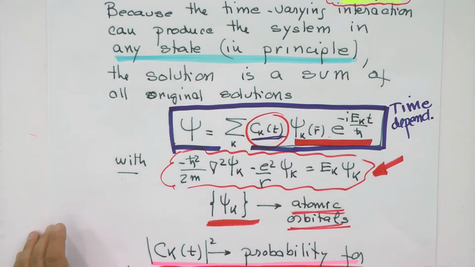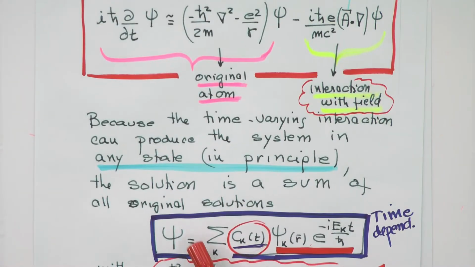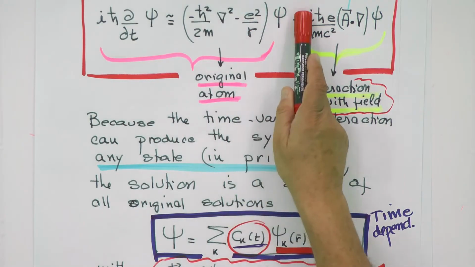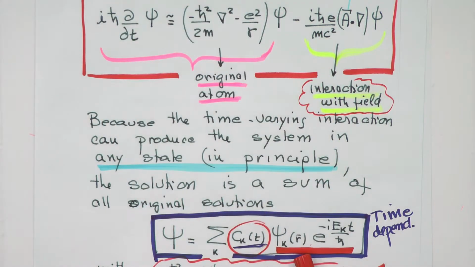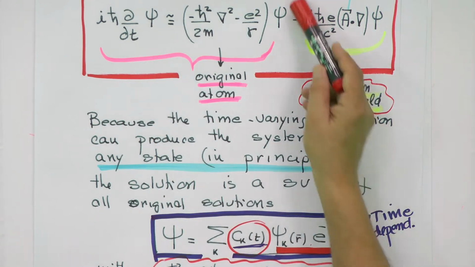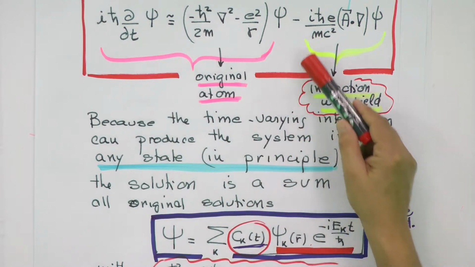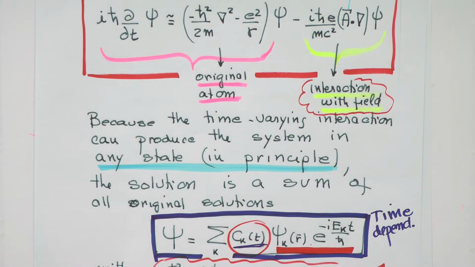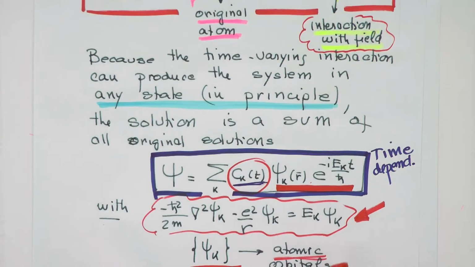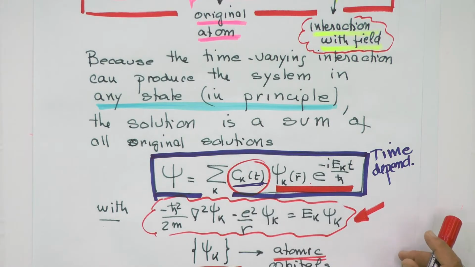We know that when we plug this solution in this guy here, it will be a sum of coefficients times, because this is the solution of this. So we know that this will give us EK, which is the energy of the K level. The sub-index K represents the many orbitals, the many collections of quantum numbers that we can have.